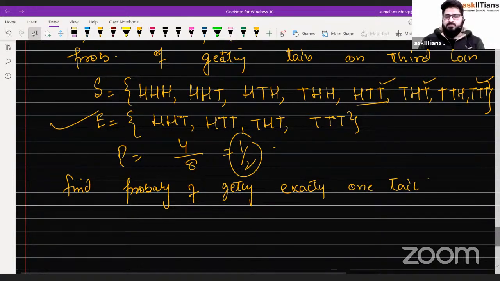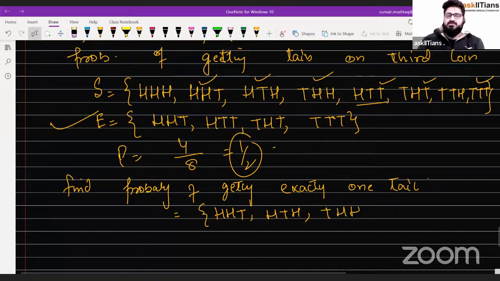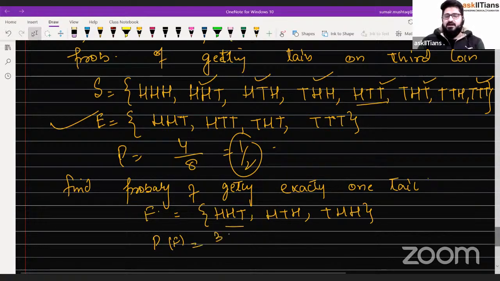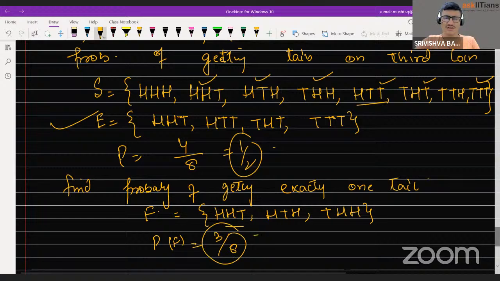Suppose this is the set of getting exactly one tail. This has exactly one tail, that is head, head, tail. This has exactly one tail, head, tail, head, and this has exactly one tail, tail, head, head. So what is the probability of F? How many elements are here? 3. And how many elements are in total? 8. That is 3 by 8. Got it?